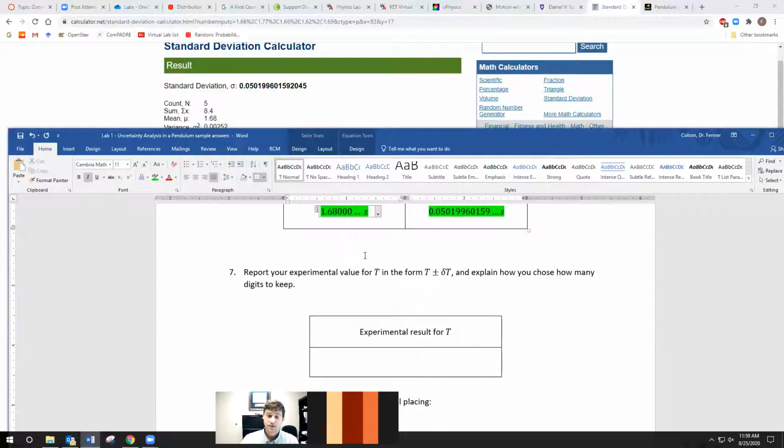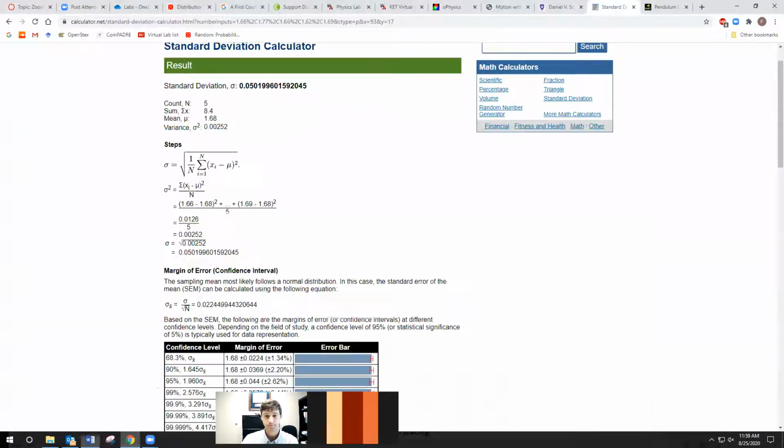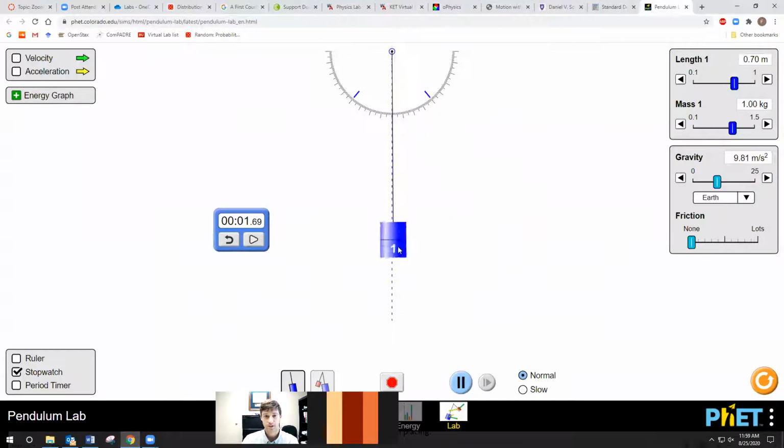So the number of digits that we will want to keep will turn out to be only to the 100th place. Because if you go back to the simulator, you'll note that in the stopwatch itself, our measuring device for the time, our seconds were only known to the 100th place.